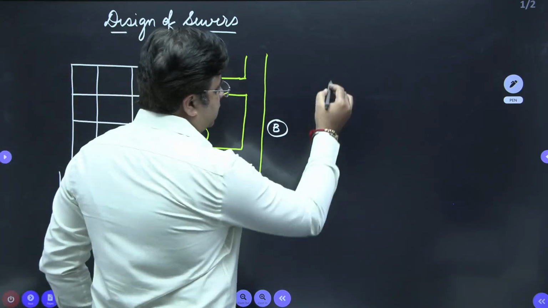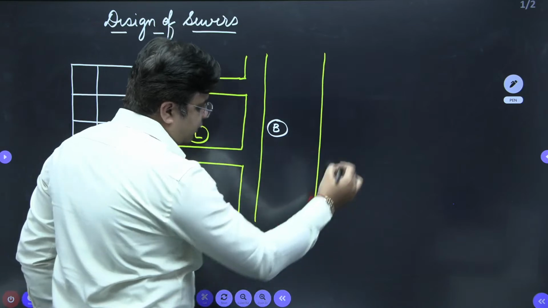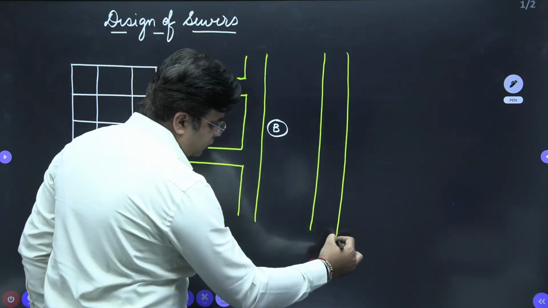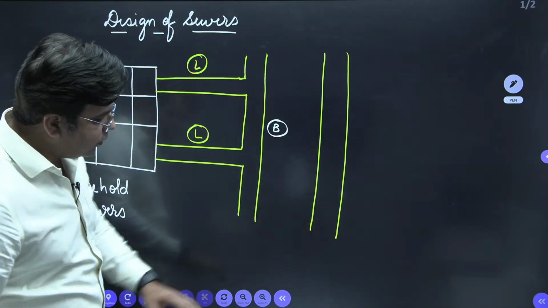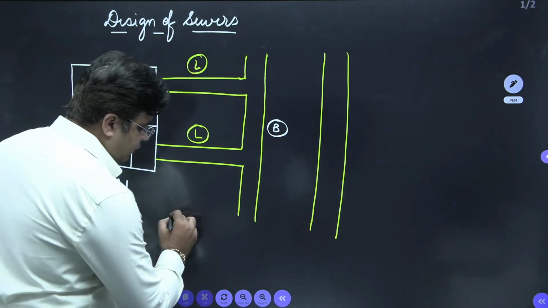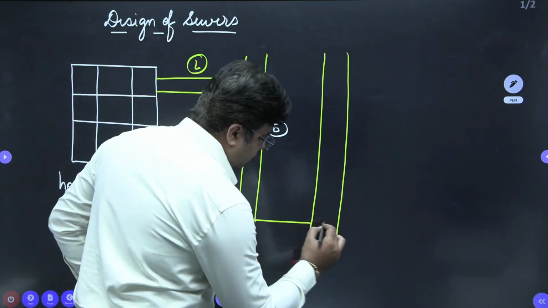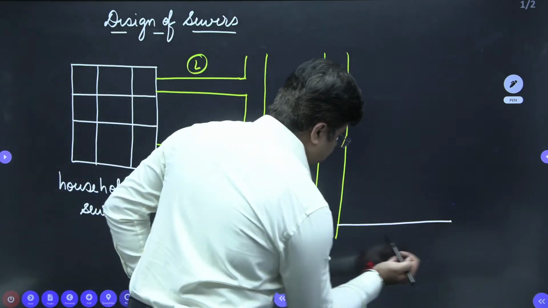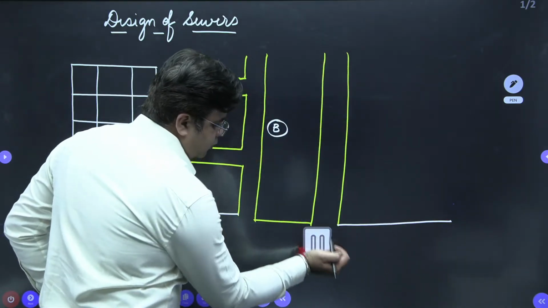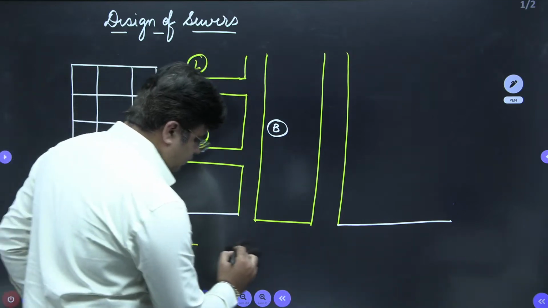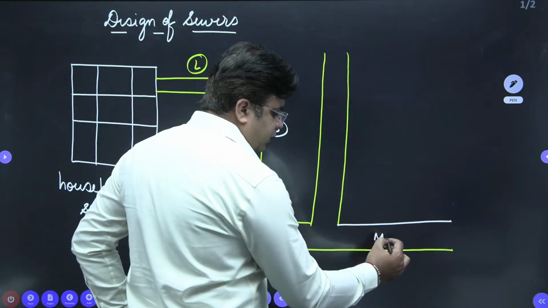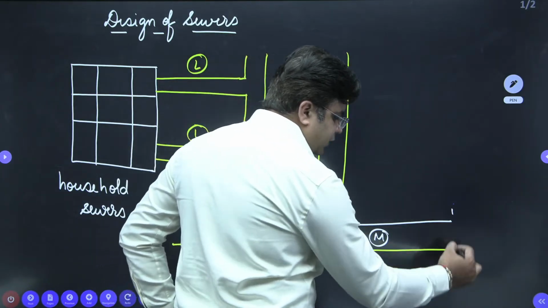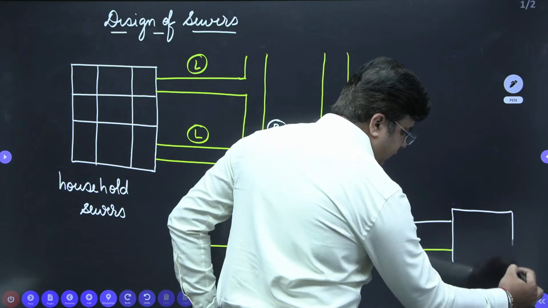Like that you have different branch sewers. Different branch sewers will collect the water into mains. So this is my main sewer. And through this main, wastewater is taken to the sewage treatment plant, STP.